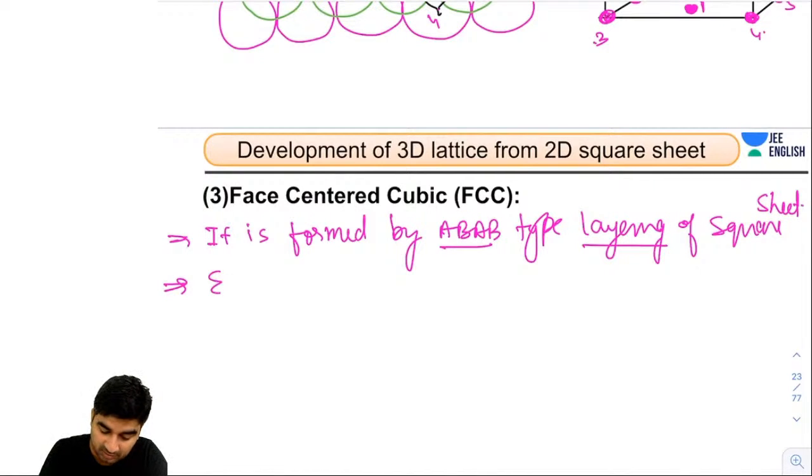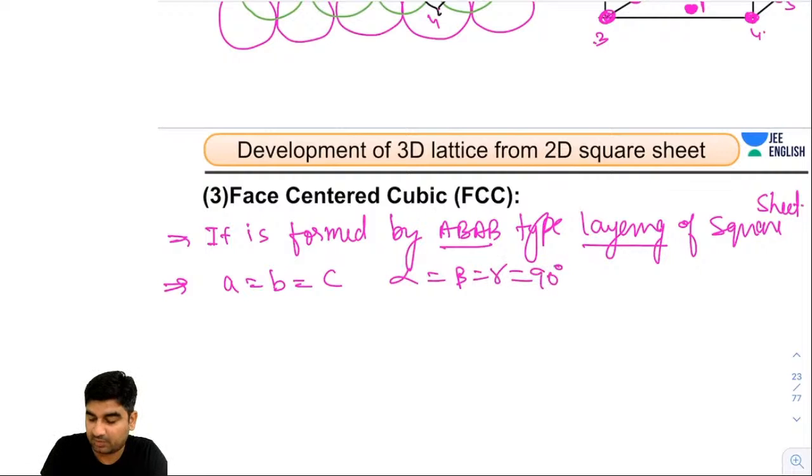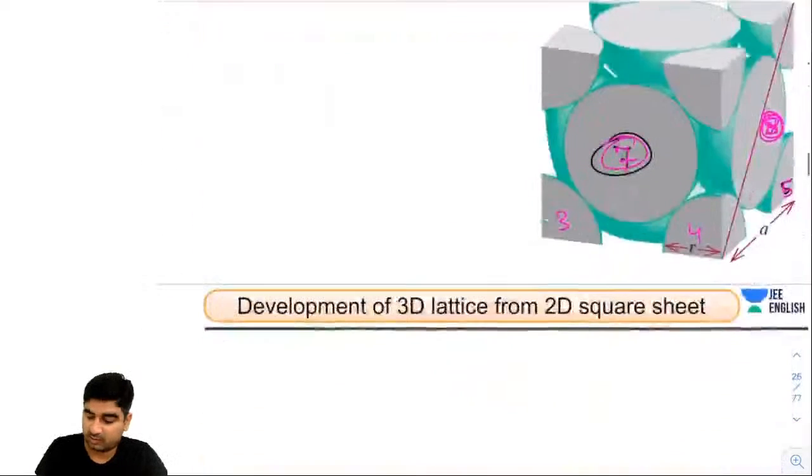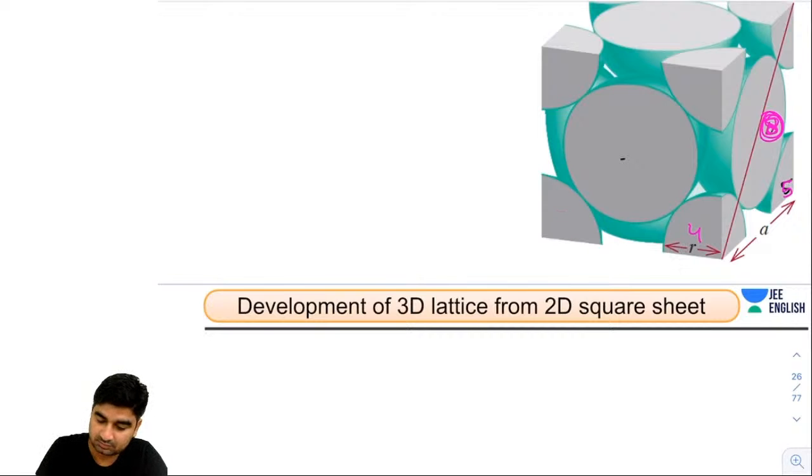Next point, effective number of atoms per unit cell. But before that, a is equal to b is equal to c, alpha is equal to beta is equal to gamma. Why? Because it is cubic. So if I talk about FCC, guys, yes, just look at it. This is a, this is a.